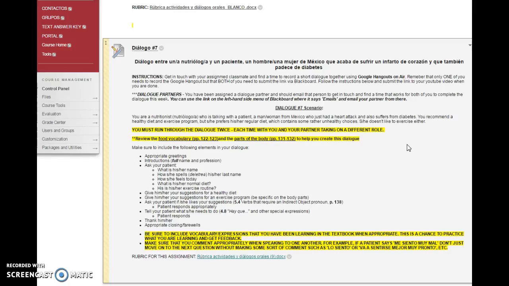For example, if a patient says, me siento muy mal, don't just move on to the next question without making some sort of comment like lo siento or lo siento muchísimo or va a sentirse mejor muy pronto. You need to have some kind of a reaction. And then again, you will see the rubric, which is the same rubric we've been using all along.